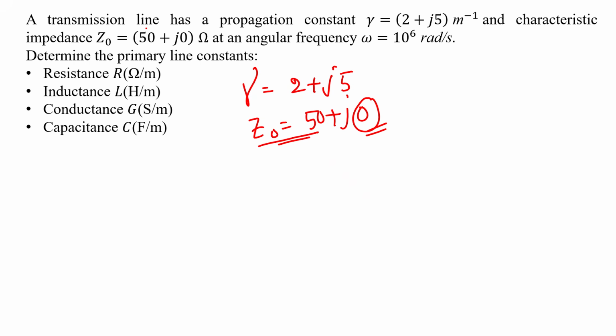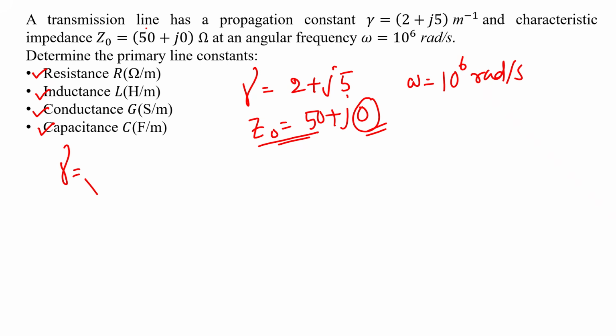Along with that, the angular frequency omega is given as 10 to the power 6 radian per second. The question asks me to calculate the line parameters: resistance, inductance, conductance, and capacitance. So we will approach this problem in this way.